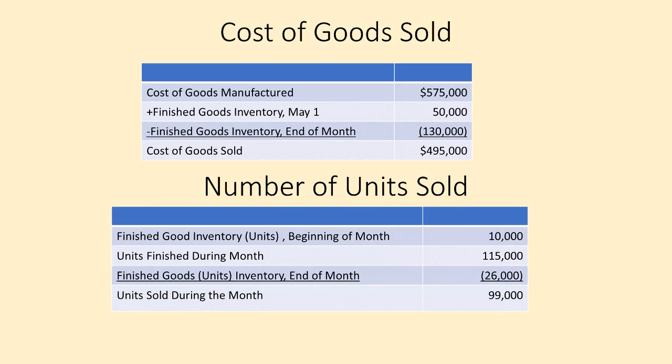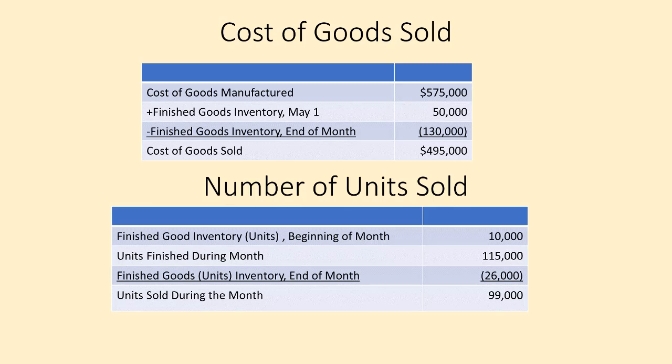Plugging that into our formula with $575,000 in cost of goods manufactured, we add in the cost of the beginning inventory, and then we subtract out what was left over at the end of the month, giving us cost of goods sold for the month of May for Blue Denim Company of $495,000.